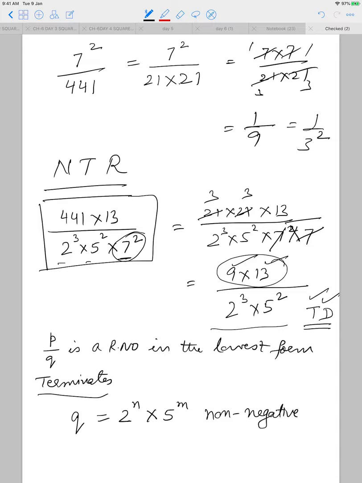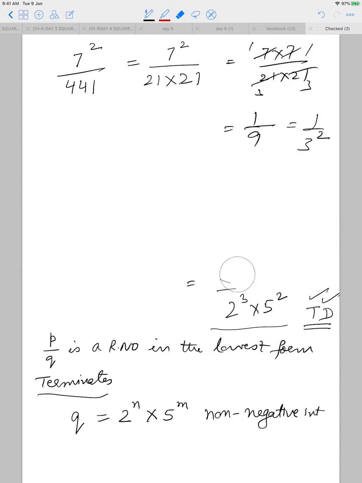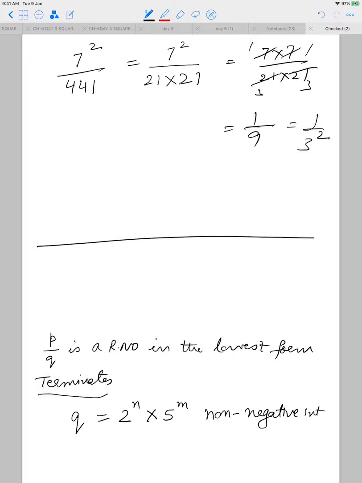Now, non-negative integers and positive integers, do they mean the same, or are they two different types of numbers? Some of the children say that they are the same, but they are not the same. They are different types of numbers. For example, you have a number line here: 0, 1, 2, 3, 4 and so on.